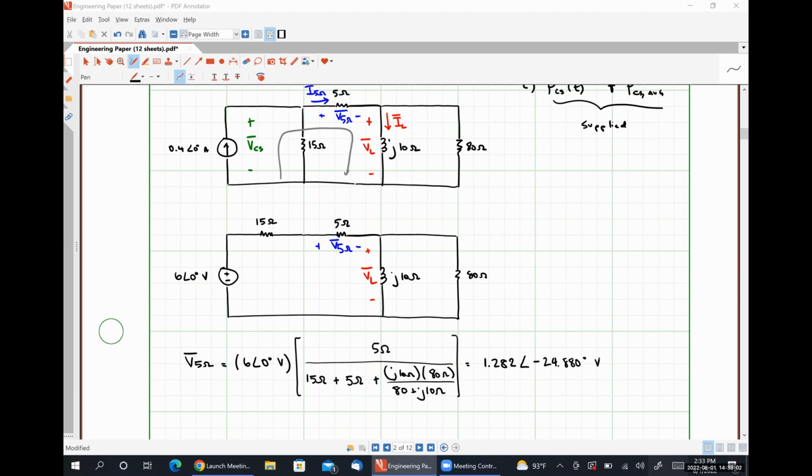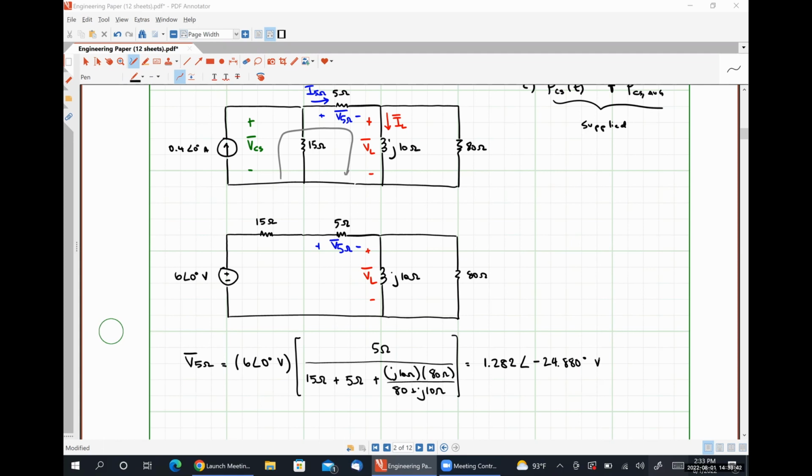So 5 over 15 plus 5 is 20, plus j10 times 80 is 800j over 80 plus 10j. Then I multiply that by 6 angle 0. 1.282 angle negative 24.880.